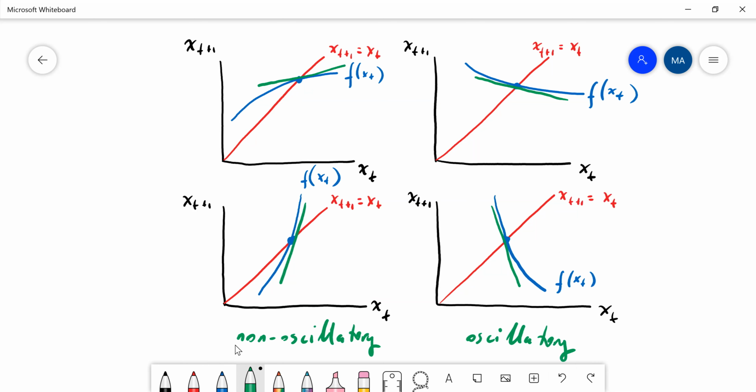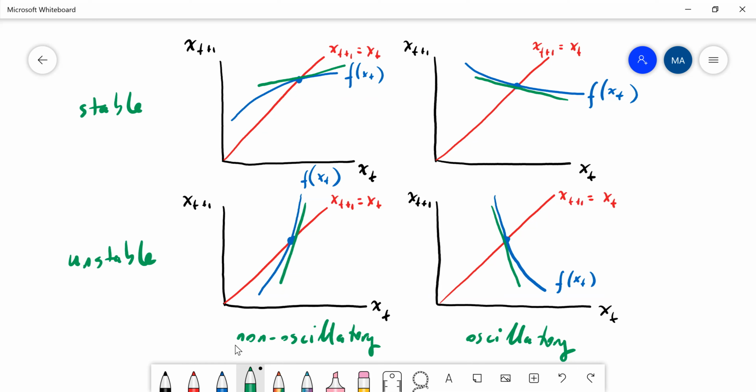And if the derivative in absolute value is between 0 and 1, as on the top panel, on the left and the right, the absolute value of the derivative at the steady state is between 0 and 1, right? So we call them stable. And if it is greater than 1 in absolute value, we call them unstable.